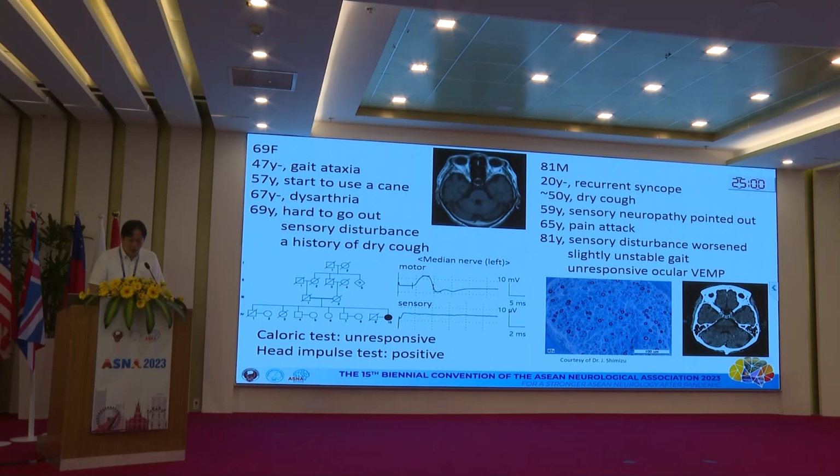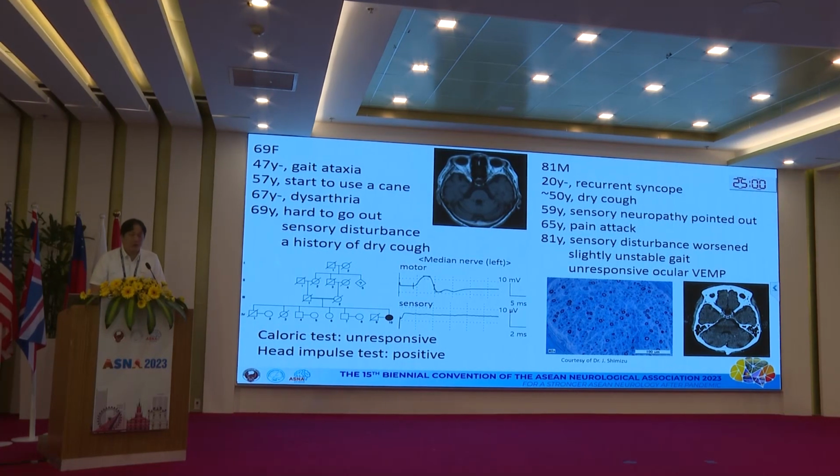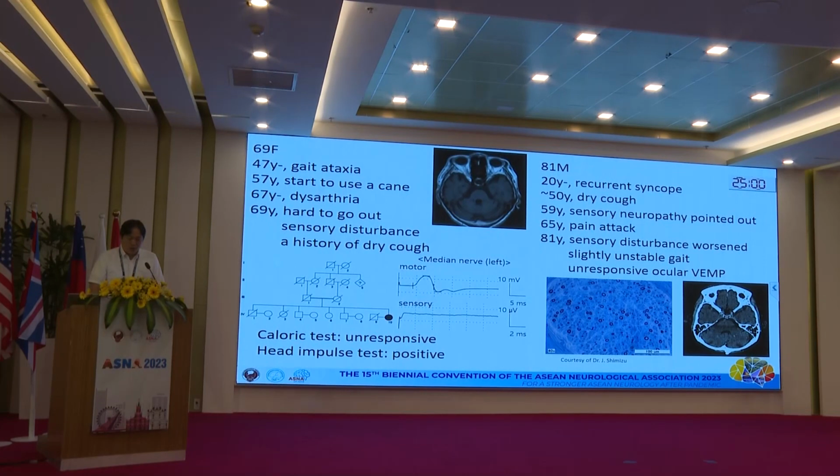The second case is an 81-year-old male. He suffered from recurrent syncope from the age of 20. He felt dry cough at the age of 50, and sensory neuropathy was pointed out at the age of 59. His diagnosis was sensory autonomic neuropathy.